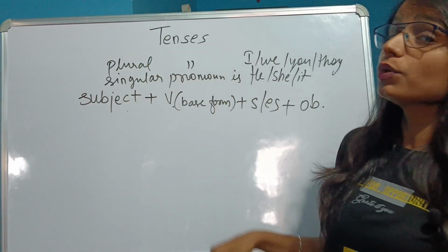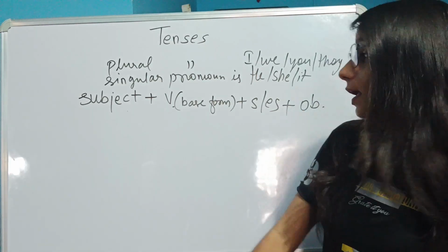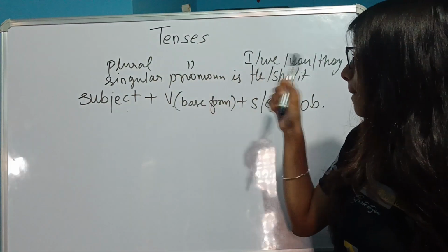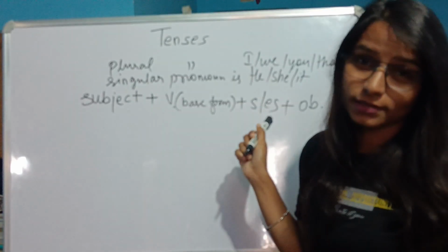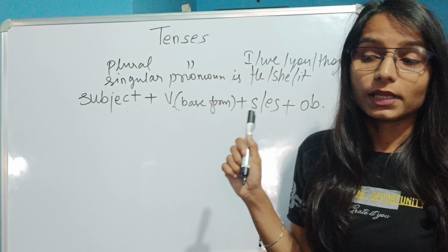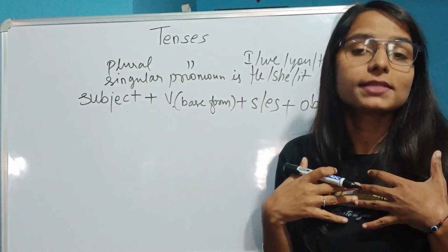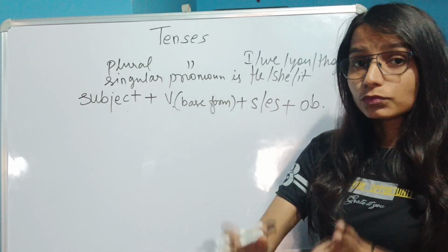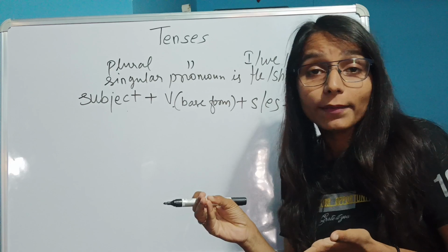And when we use I, we, you, they or two names in the subject, we use the base form, but we do not put s or es on the verb. Like when we say that me and my sister, like Purnima and Pratibha, go to the market. We are not using goes to the market. Why?